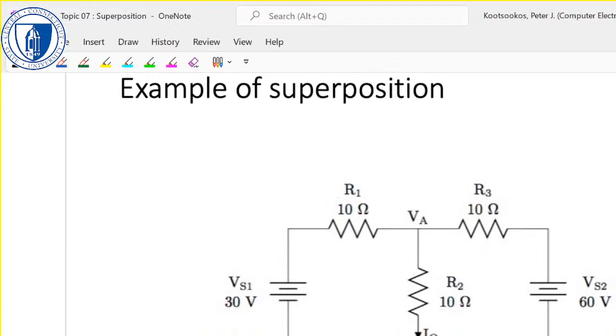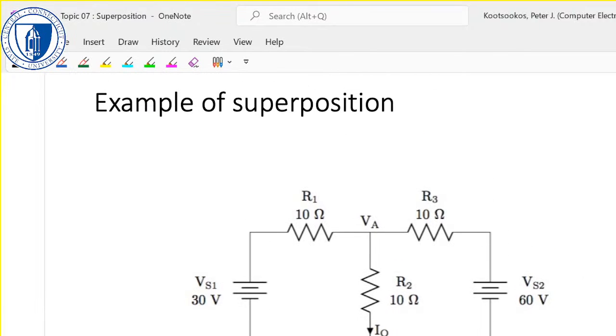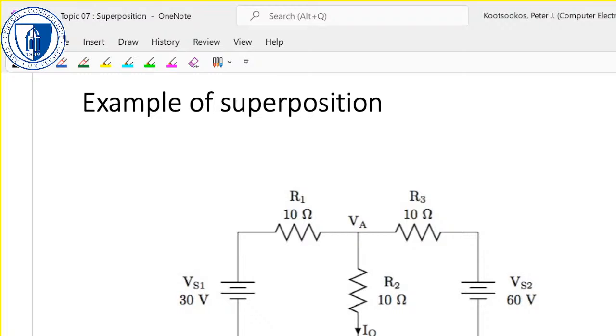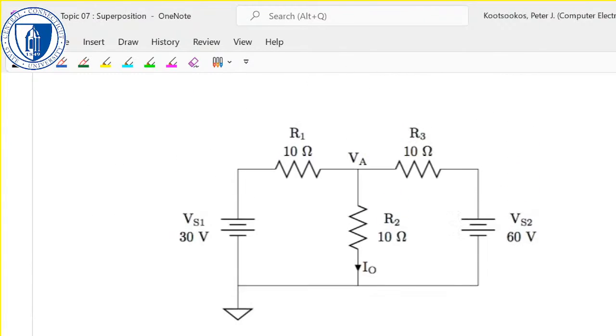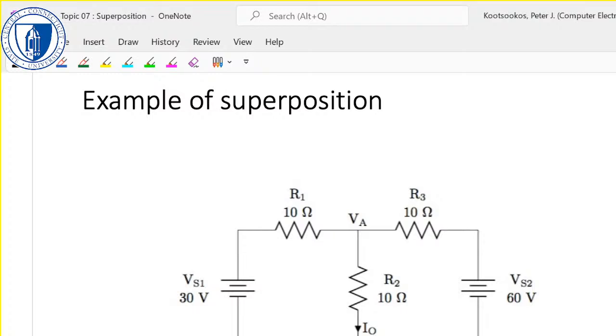So let me do an example. Right, so here's a circuit that we could probably analyze using, I don't know, maybe we couldn't do it using just simple combinations of resistors in series and parallel.